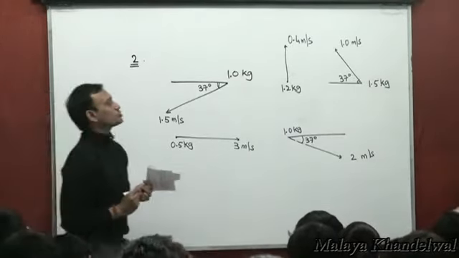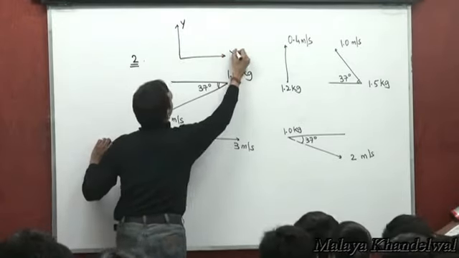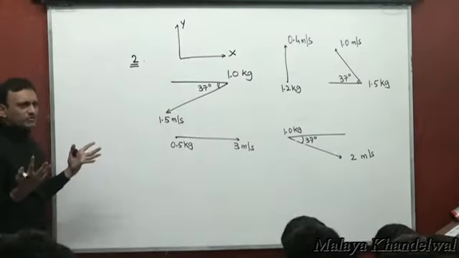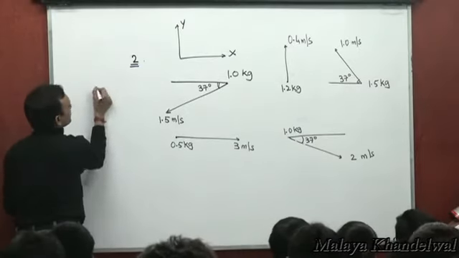Alright, what you may want to do is you may want to design your x and y coordinates as follows. You may want to say that this is your y direction, this is the x direction. You can do that, right? If I did that, then for this mass, what would be the velocity vector?